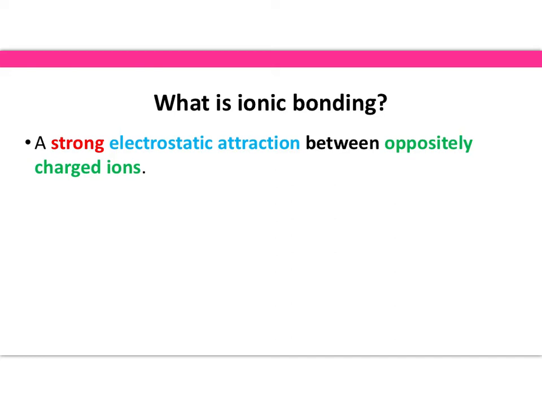So in an exam, if they use the word atom, that must mean it's neutrally charged overall, with the same number of protons and electrons. If they use the word ion, then you're talking about a different number of protons and electrons. That difference will have come about because the original atom has either lost electrons to become a positively charged ion, or gained electrons to become a negatively charged ion.